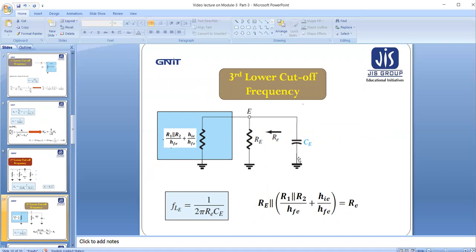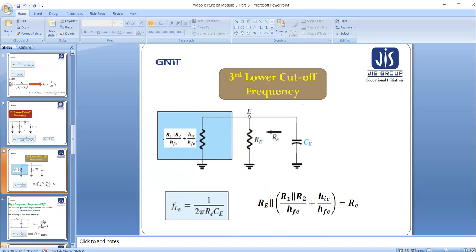Therefore, the third lower cutoff frequency will be 1 by 2 pi Re CE, where Re is RE in parallel with this resistance. Thus we get the three different cutoff frequencies, first, second and third.